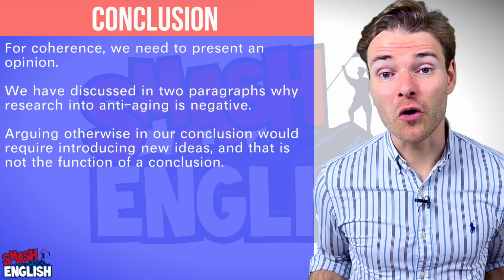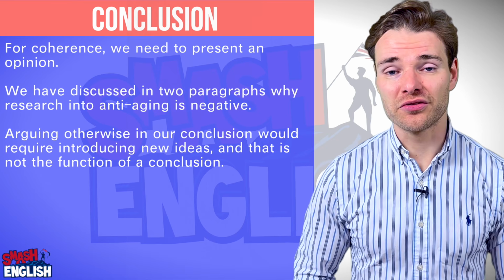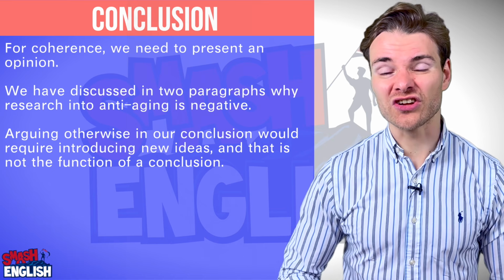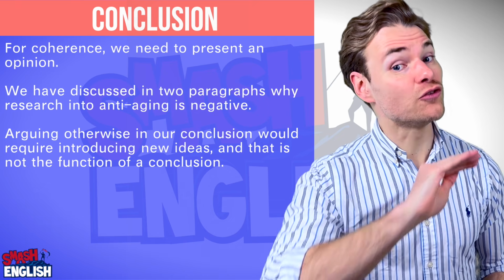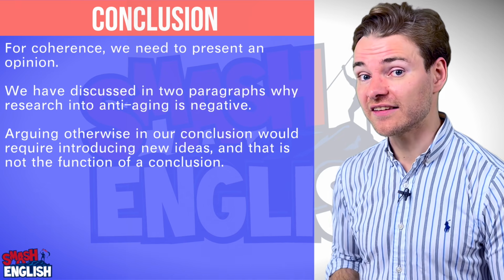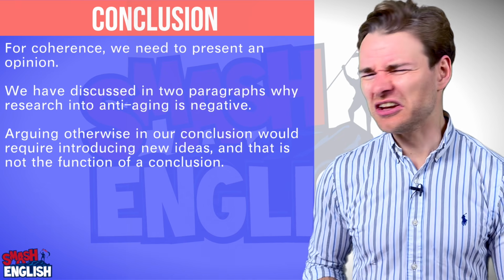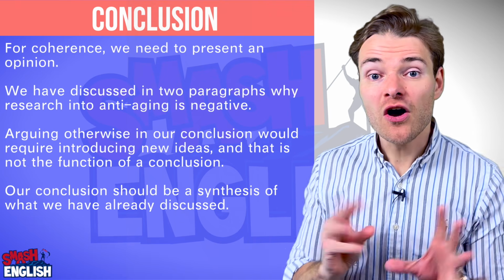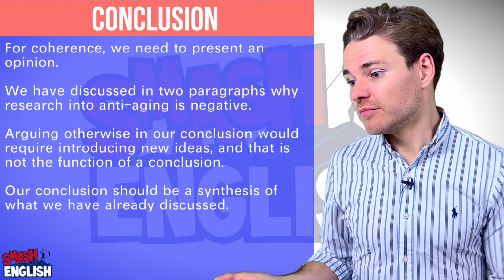It would also involve explaining why you think it's a good thing, and that would involve introducing new ideas in your conclusion, and that is a terrible thing. Seriously, do not introduce new ideas in your conclusion. No. No. Instead, our conclusion should be a pretty little synthesis of everything that we've already discussed.